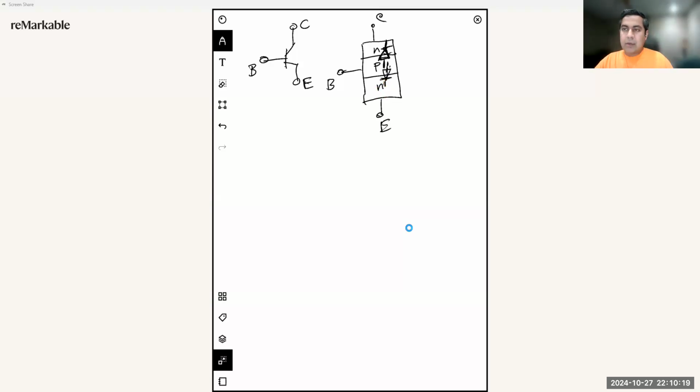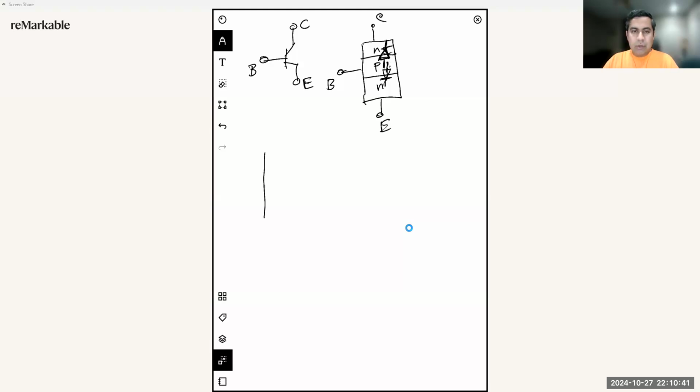So the way we fix the operation, you can either forward bias these diodes, or you can reverse bias these diodes. So in terms of whether they're forward biased or reverse biased, we can see four different combinations of operation.